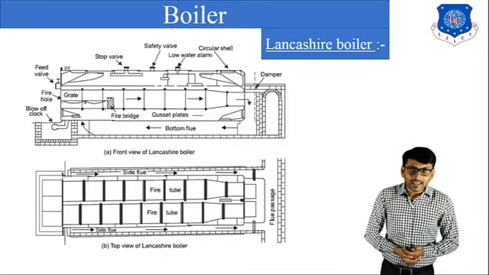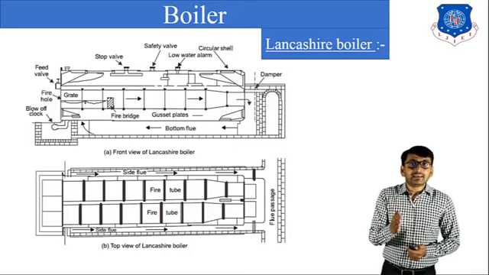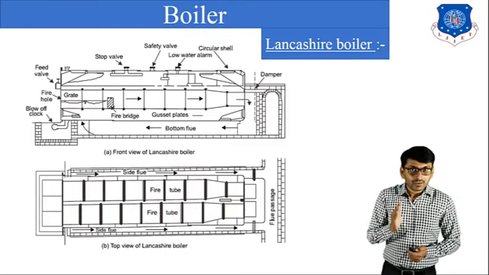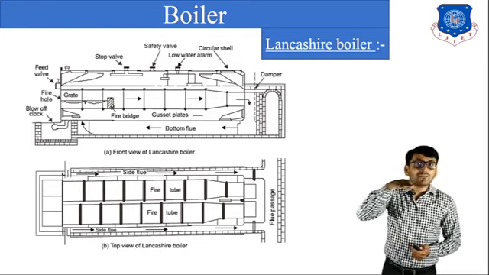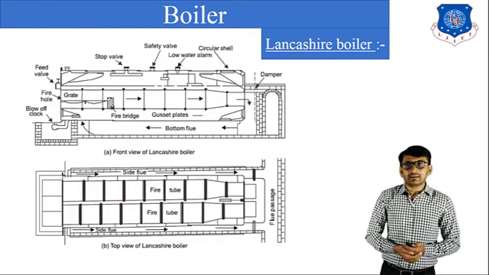Now the pressure gauge measures the pressure of steam. The water level indicator indicates the level of water inside the boiler.